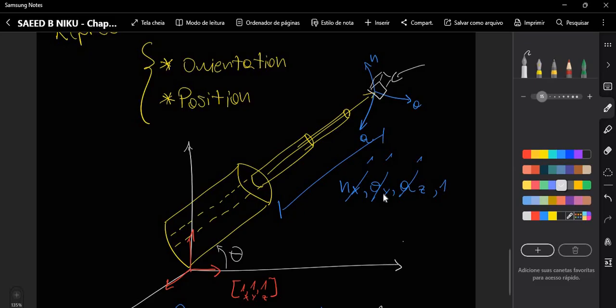So with all this information, we can know the orientation and the position of this rigid body in space, the way that it is moving all the time. We can have this control, and that's it.